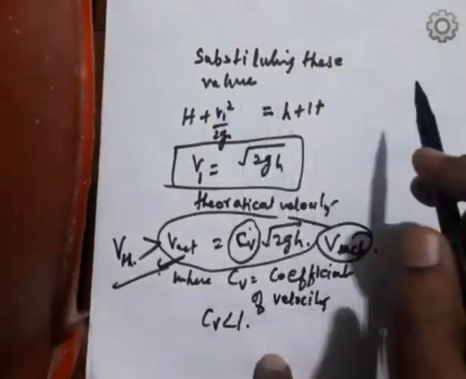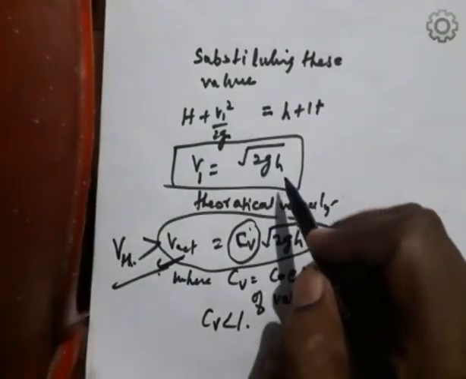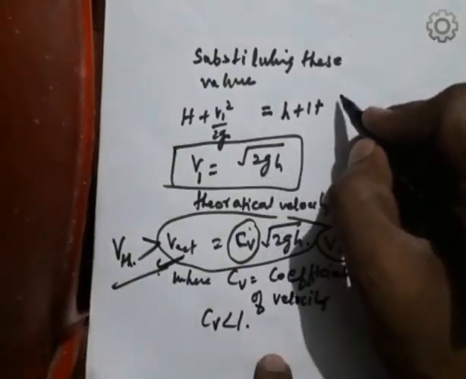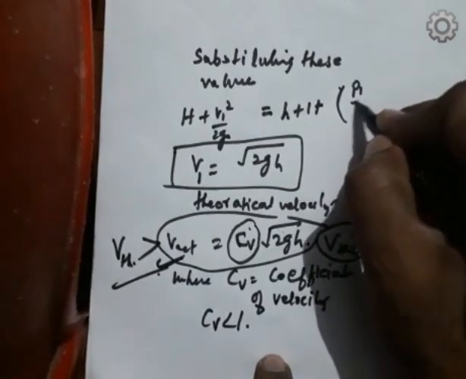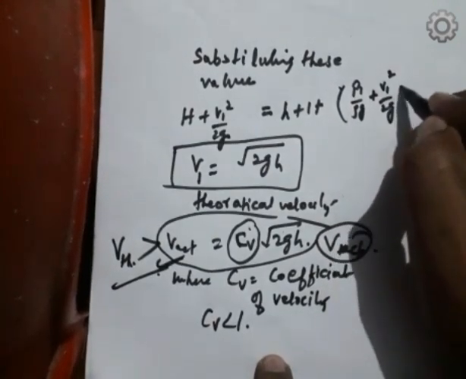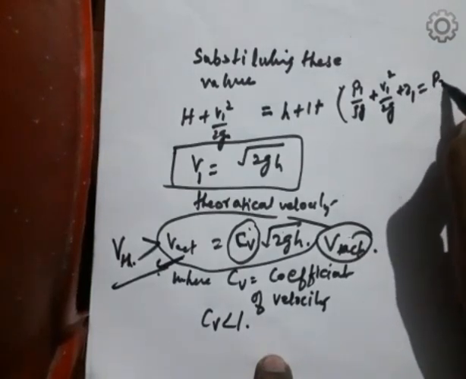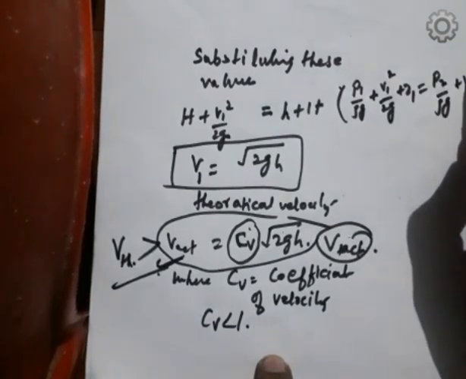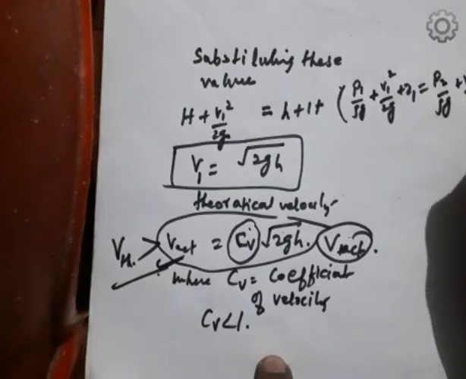Substituting these values into the Bernoulli's equation. And what is the Bernoulli's equation? We have seen P1 by rho g plus V1 square by 2g plus Z1 is equal to P2 by rho g plus V2 square by 2g plus Z2.